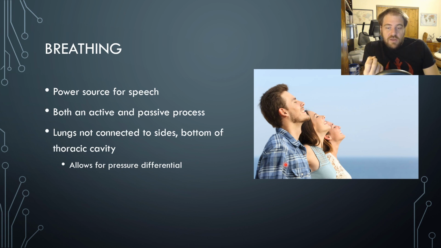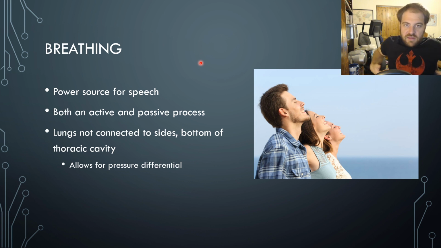So breathing is the power source for speech, and we'll see why in a second. It's an active and a passive process. And one of the ways that this works is that the lungs are not connected to the sides or the bottom of the thoracic cavity. They're only connected up at the top. So the lungs are kind of free floating in a way.